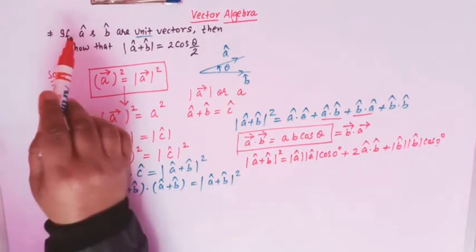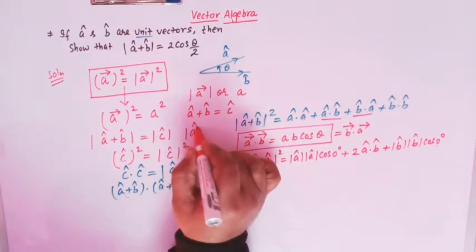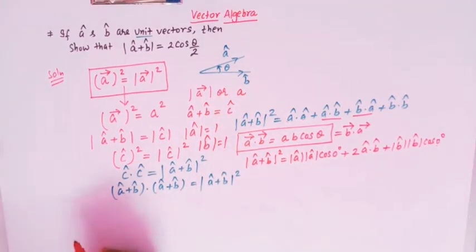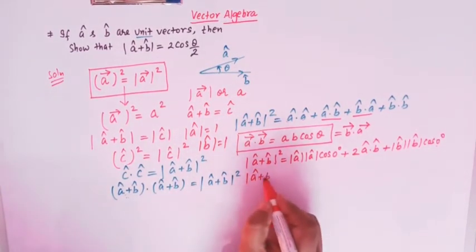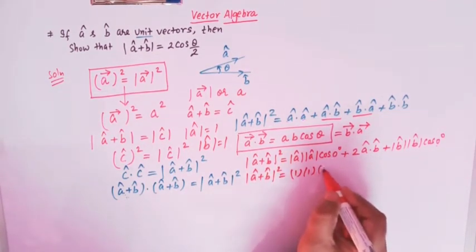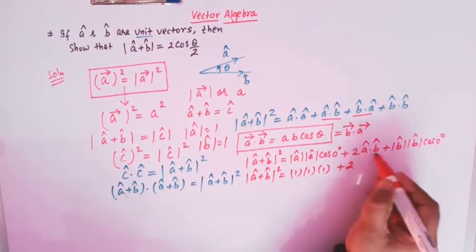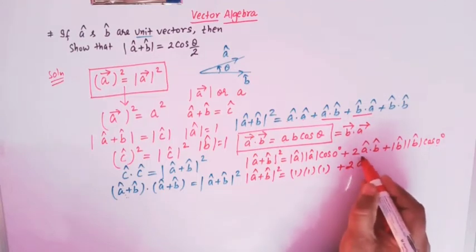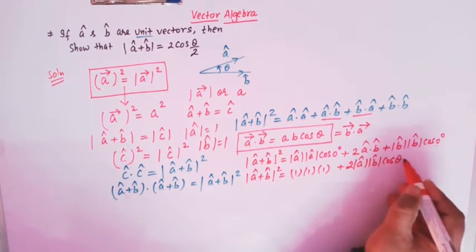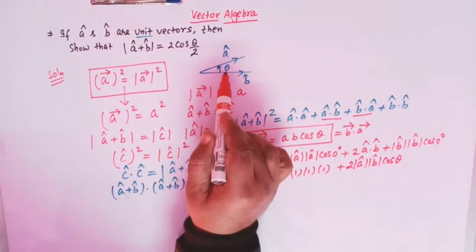Now we know that a cap and b cap are unit vectors, so the magnitude of a cap is 1 and the magnitude of b cap is also 1. So this expression can be written as 1 times 1 times cos 0, which is 1, and 2 times the dot product of a cap and b cap, which is magnitude of a, magnitude of b, and cos of theta, because the angle between a cap and b cap is theta.